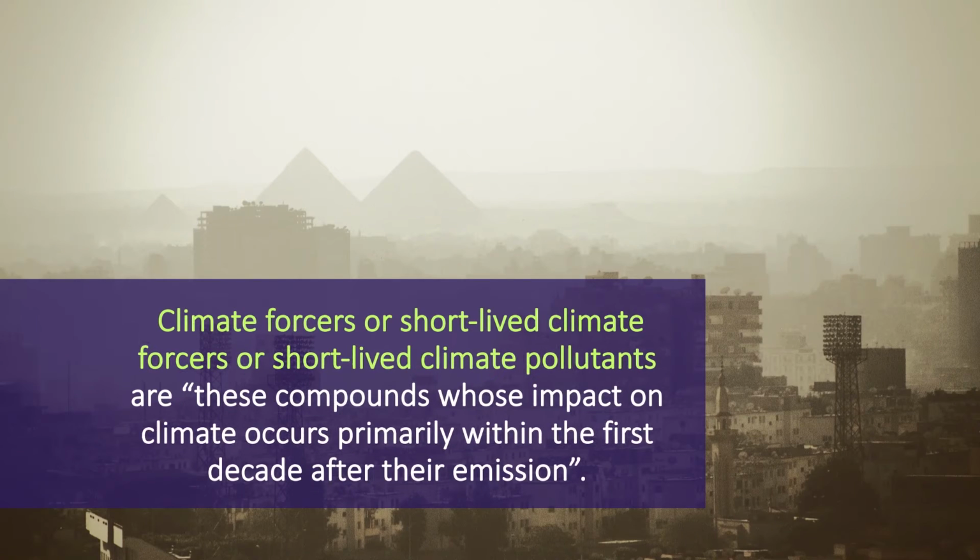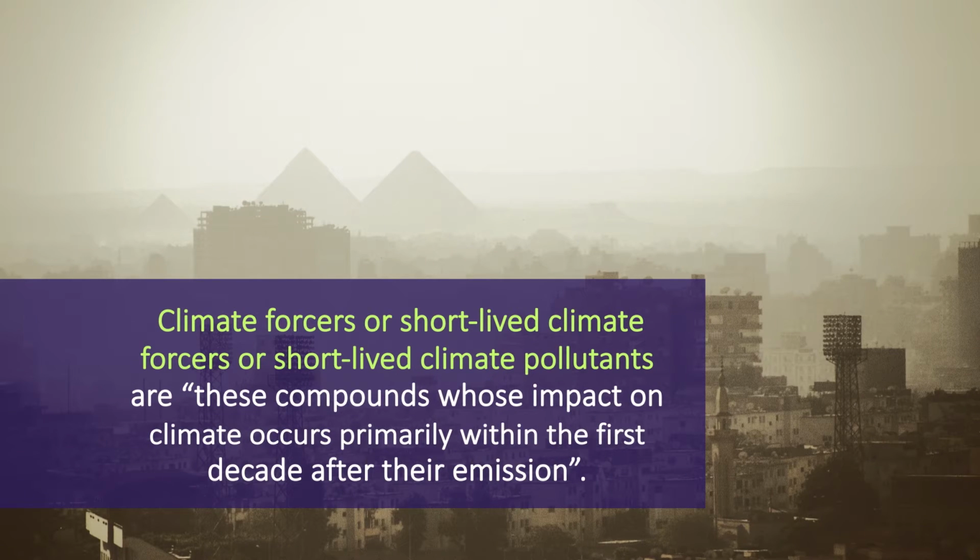The near-term climate forcers are short-lived climate forcers, also called climate pollutants. In fact, they are very short-lived, and these are the compounds whose impact on climate occurs primarily within the first decade after their emissions.